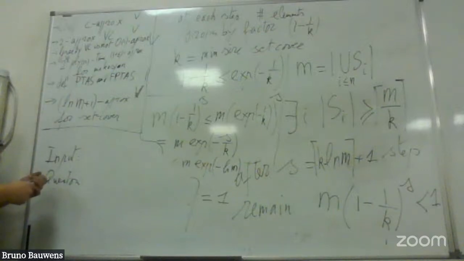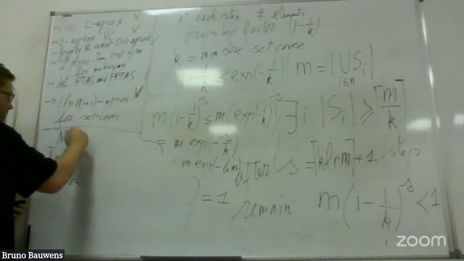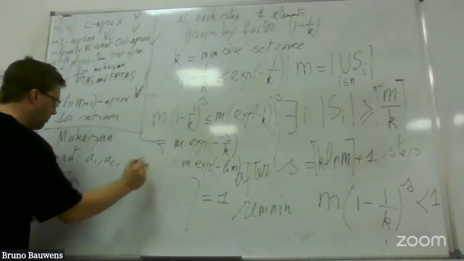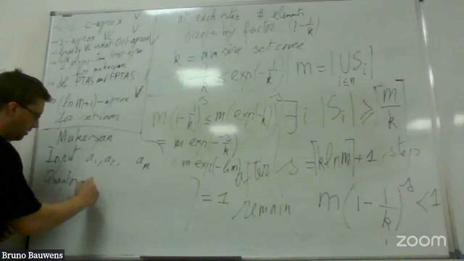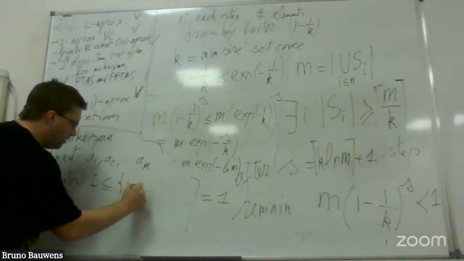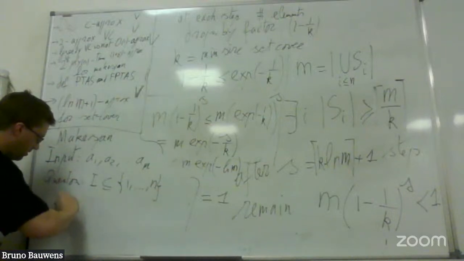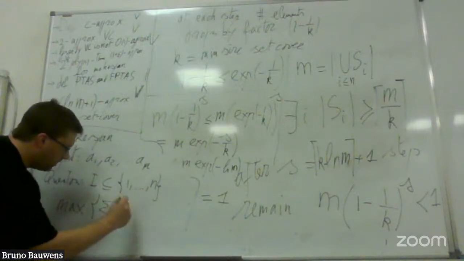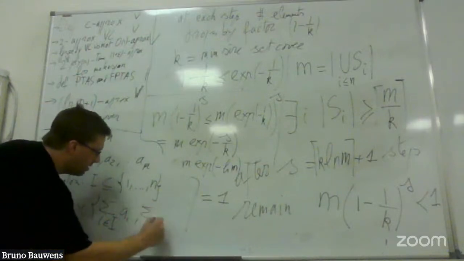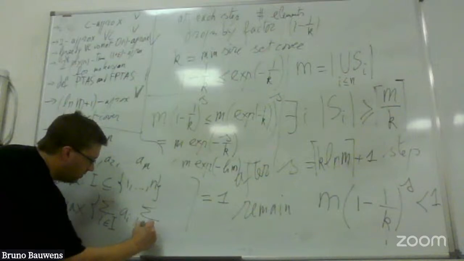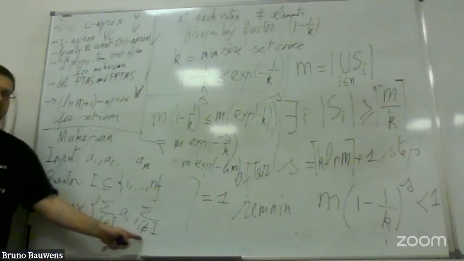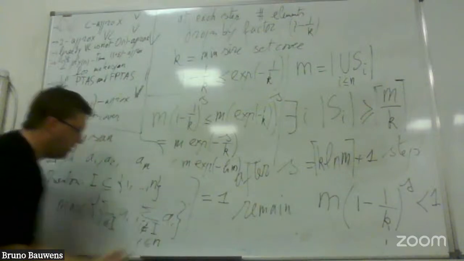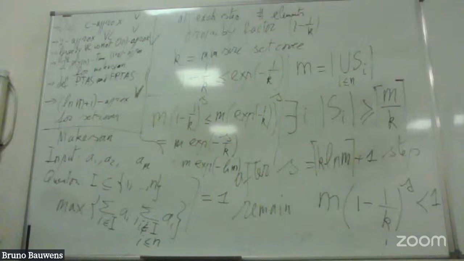Makespan. Question. Find a set I such that the maximum over the sum over I and over not in I, but you understand what I mean, with i going from 1 to n, of a_i, is minimal.